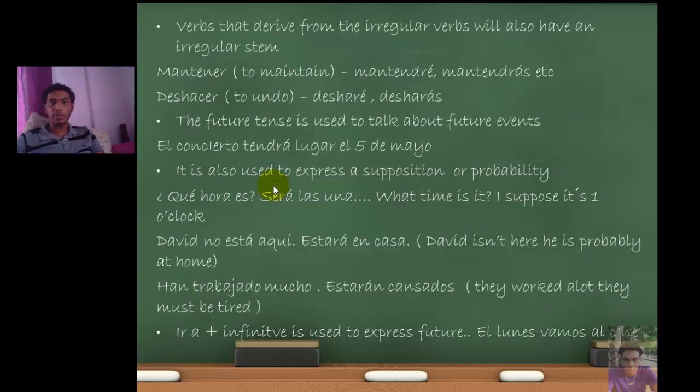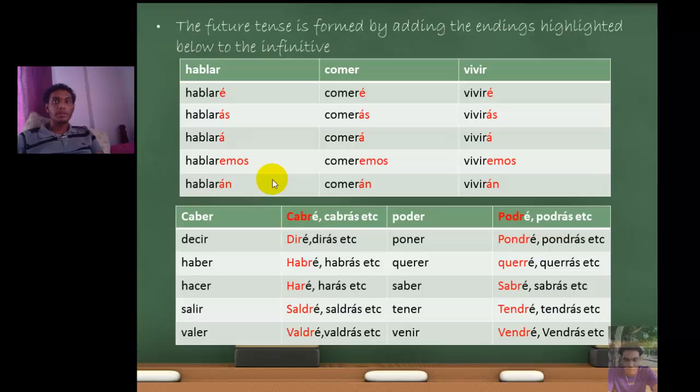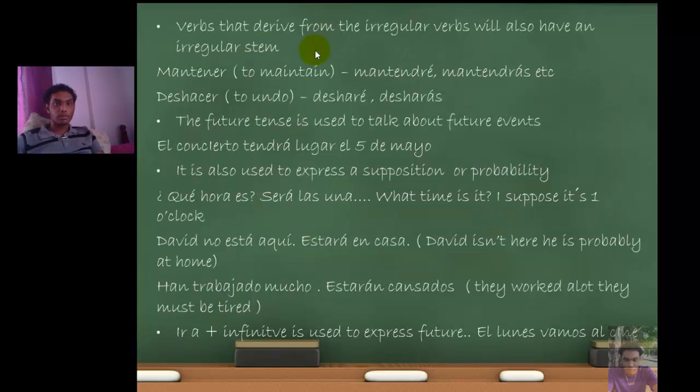So just write them down and learn them, right? Also note that all verbs that derive from the irregular verbs will also have an irregular stem, right? So, por ejemplo, mantener will have mantendré and not mantenerá, right? Mantendré. And you continue on, right?